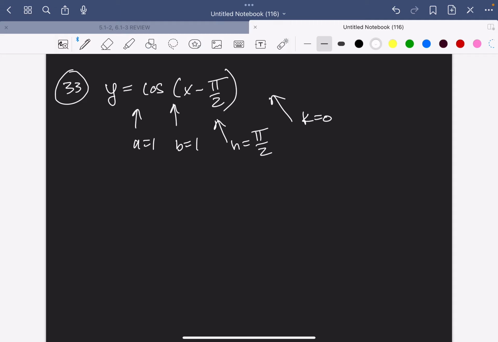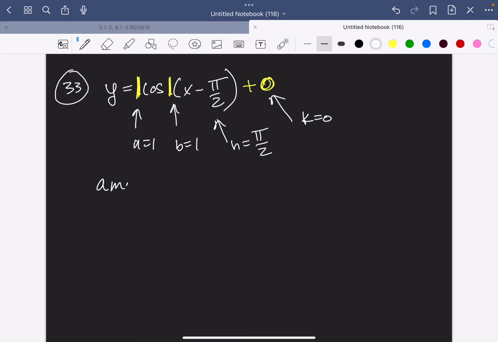Because the way we could write this in some sort of standard form is 1 cosine of 1 times this stuff plus 0. So now it's clear where our A, B, H, and K are.